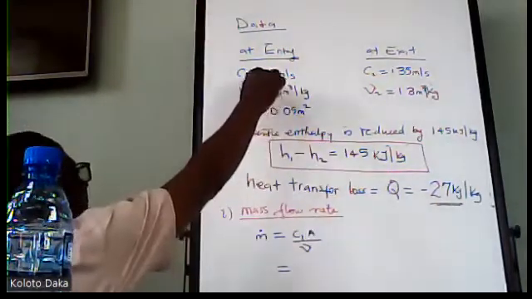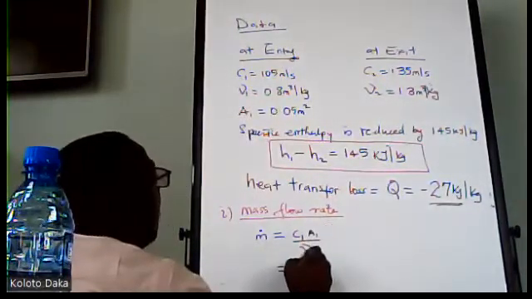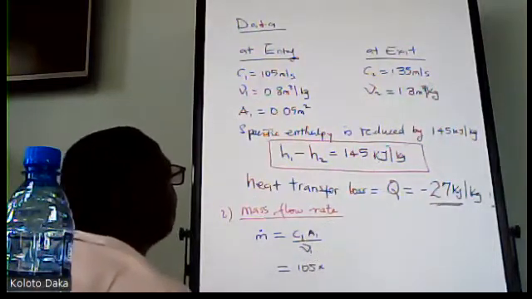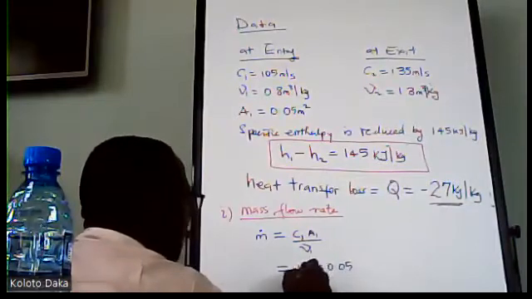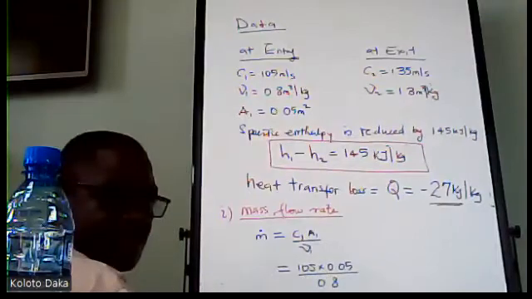So we are going to use the parameters at 1. So C1, 105, multiplied by A1, 0.05, over V1, 0.8.